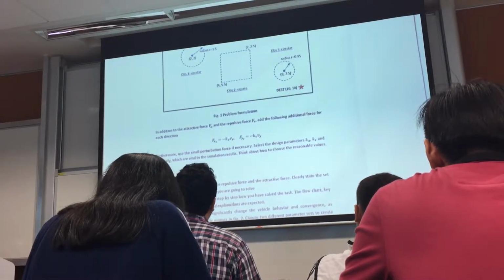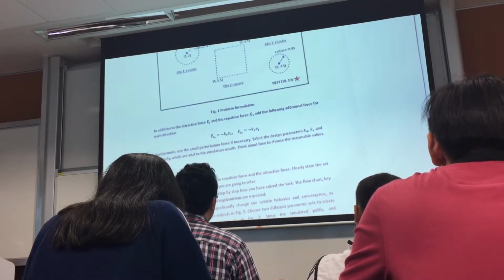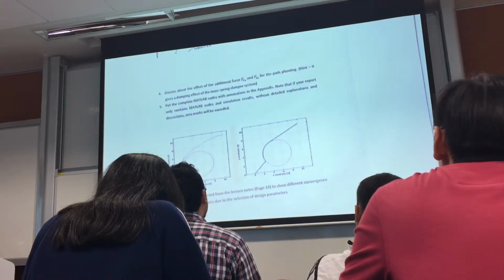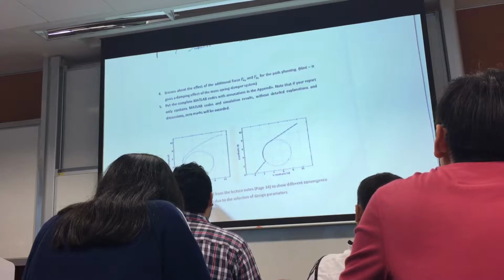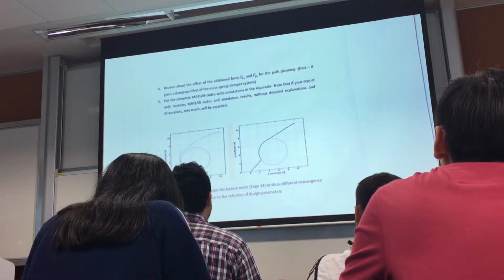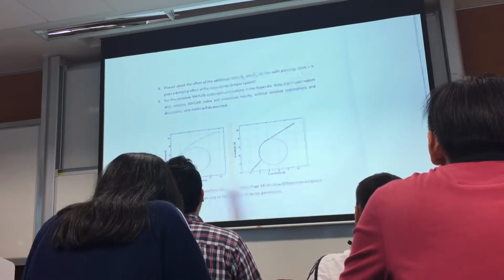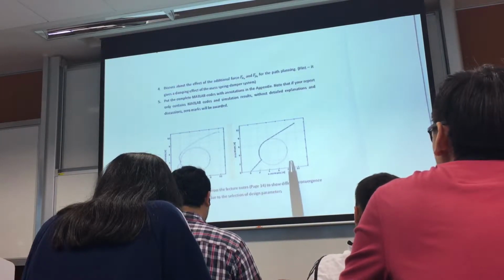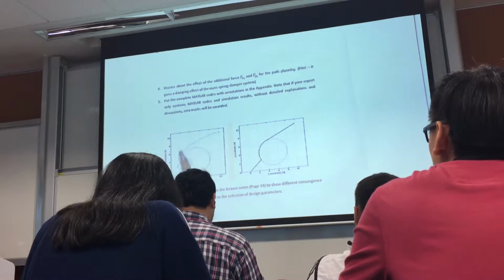So in the slides from Glasgow, you can see some results like this. These results I just extracted from the slides from Glasgow. When you choose different sets of parameters, you will see very different behavior of your vehicle.